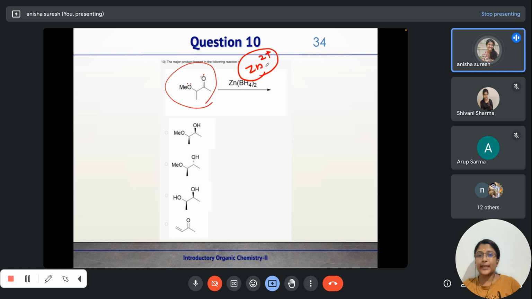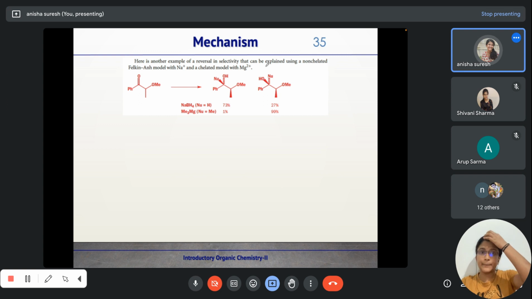So what will be the mechanism that will be taking place here? First we will see the general mechanism. Here is another example of a reversal in selectivity that can be explained using a non-chelated Felkin-Anh model with Na plus and a chelated model with Mg2 plus.